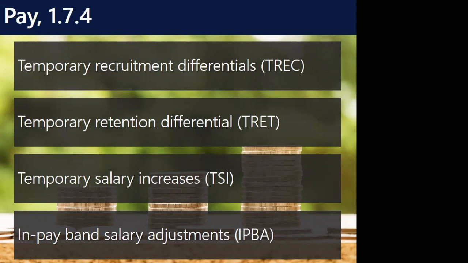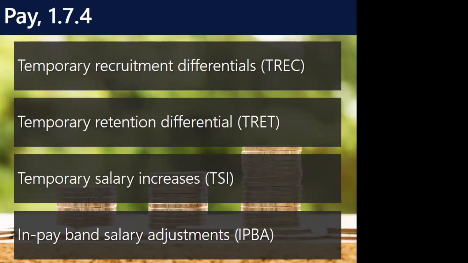TRETS, which is the temporary retention differential. If there's a special argument that the person's departure would disrupt the agency's ability to fulfill its mission, then we might do a retention differential. That's, again, up to 15%, and then more than 15% for special circumstances with director approval. All right, temporary salary increases.